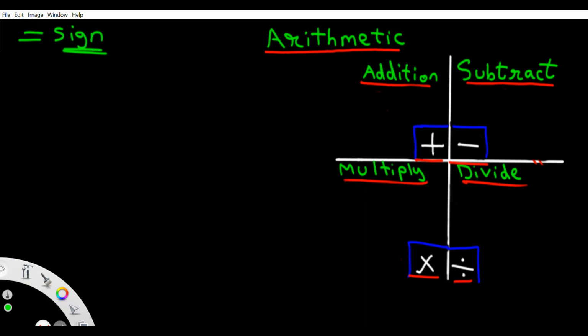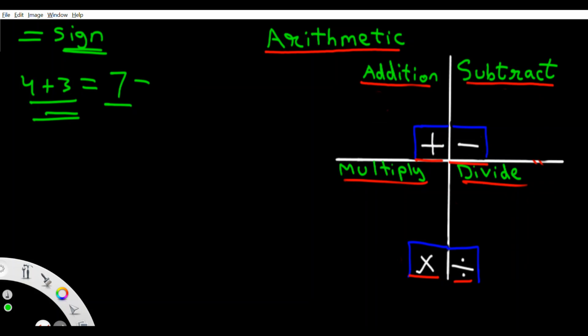This equal sign separates the operation from its answer. On one side of the equal sign is the operation that needs to be done, and on the other side is what we get after we do the operation.